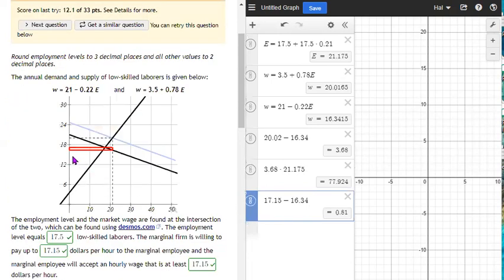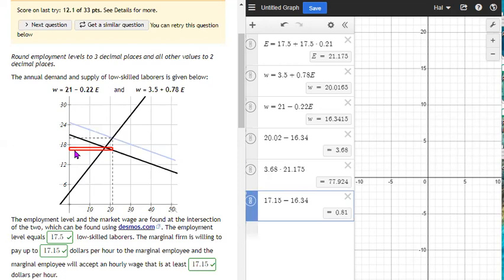When I press enter, notice what happens, right? This red box here is the part of the subsidy. Now, remember, the subsidy was given to the firms, but the firms don't receive much of the benefit of that subsidy, right?